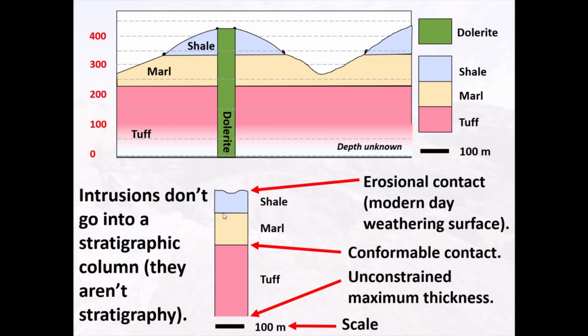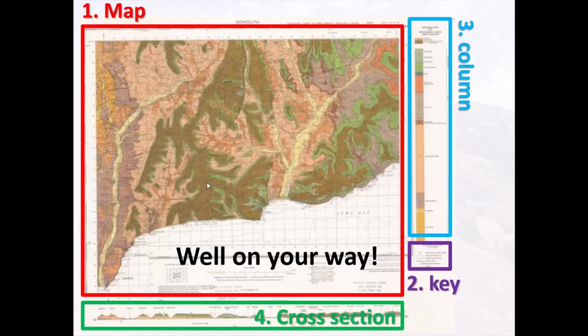Now, I haven't included the intrusion in our stratigraphic column, and that's for the simple reason that intrusions aren't sediments. They aren't deposited in that rock, so they aren't really stratigraphy. Okay, so comparing our efforts to a real geological map, hopefully you can see that we're well on our way.